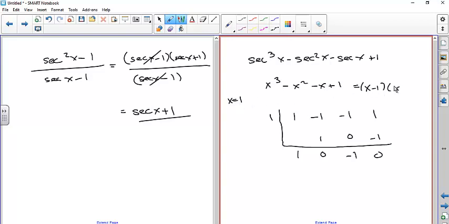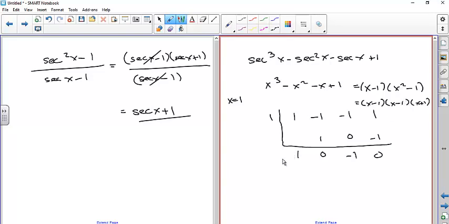And then you're left with x squared minus 1, which you could factor because it's just x minus 1 times x plus 1, because the inner and outer will cancel out.